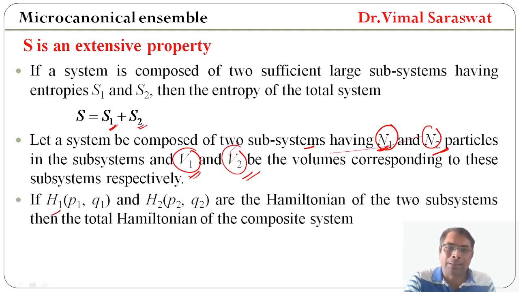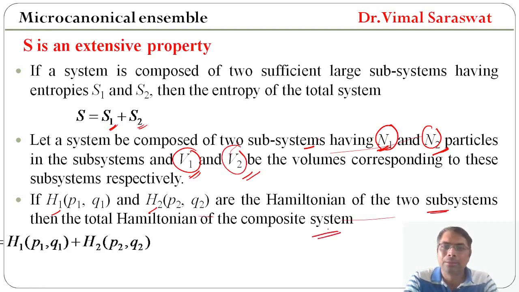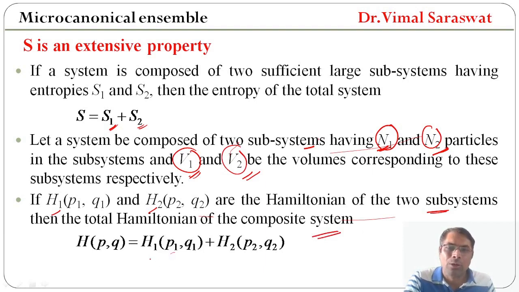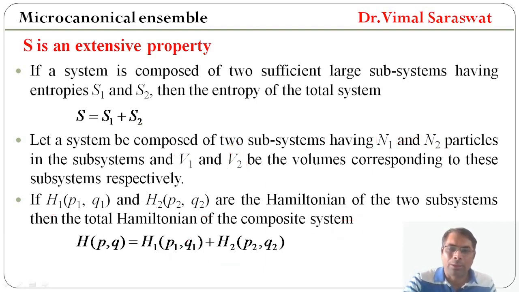If H1 and H2 are the Hamiltonians of the two subsystems, then the total Hamiltonian of the composite system is H equals H1 plus H2. H1 is the Hamiltonian which is a function of P1 and Q1, and H2 is the Hamiltonian which is a function of P2 and Q2.